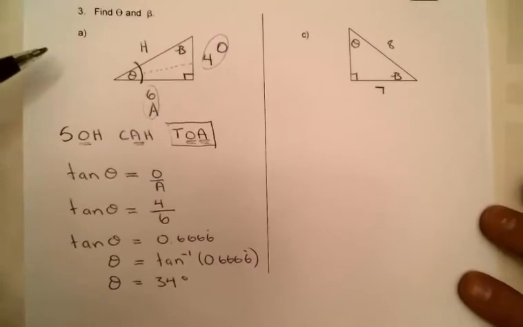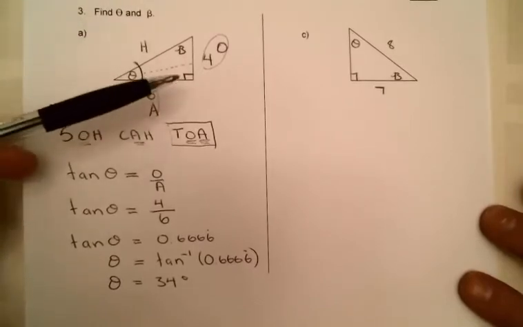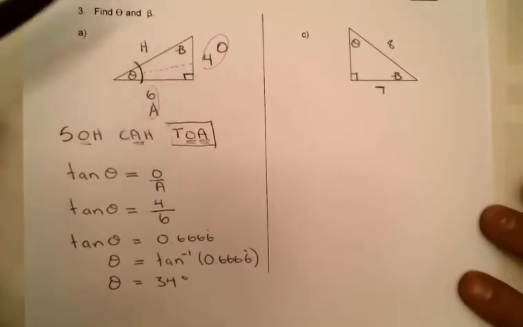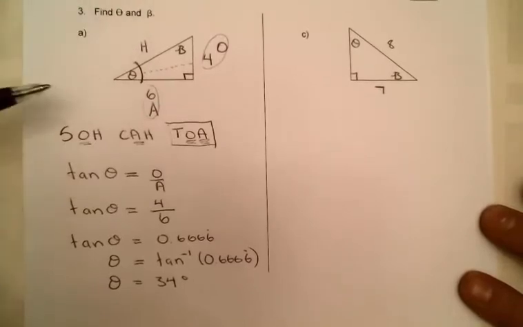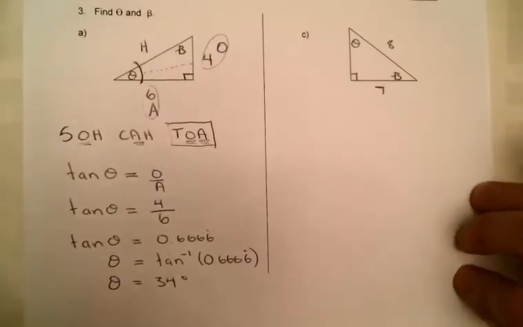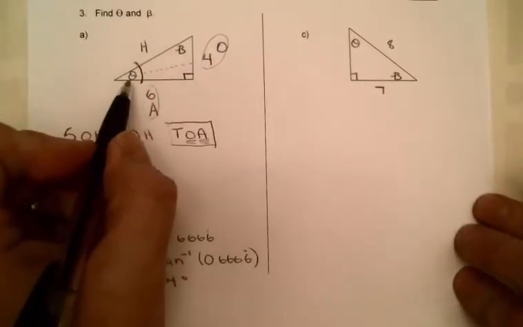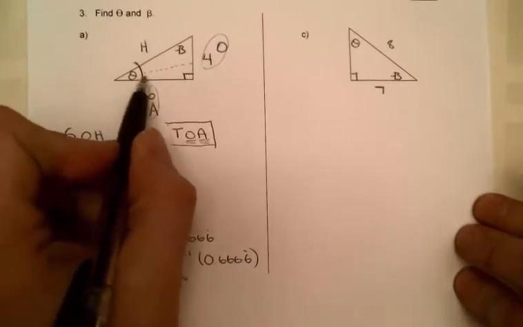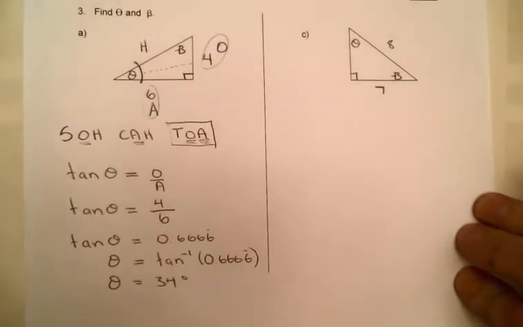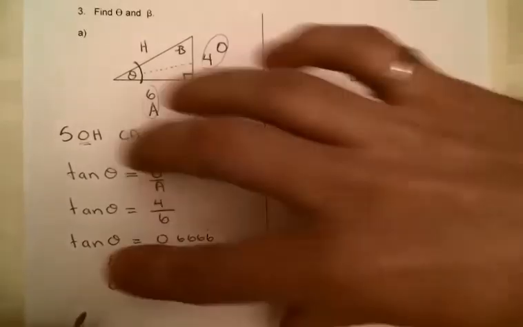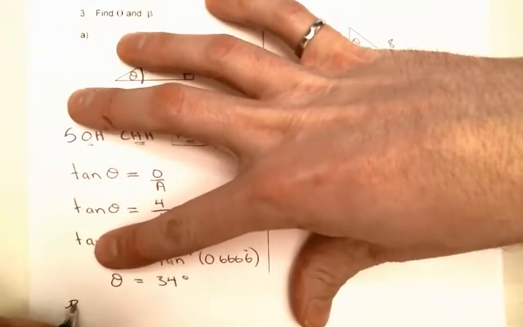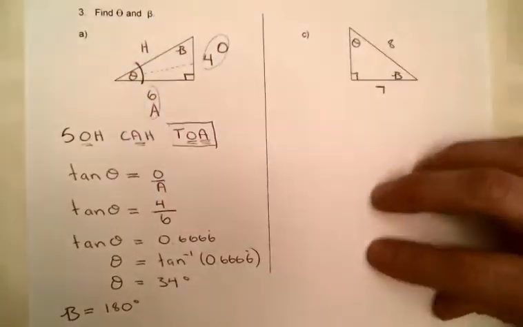We know theta. You'll always know the second angle in the triangle. It's always 90. How will we get beta? Do you think we want to run through another trigonometric calculation? We could be a bit smarter about this, and we know that all triangles, every triangle that exists, their angles add up to 180. So if we want to find beta, let's use that rule. Beta, well, all the triangles add up to 180.